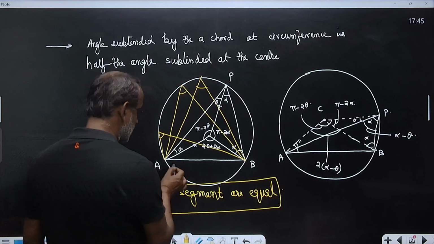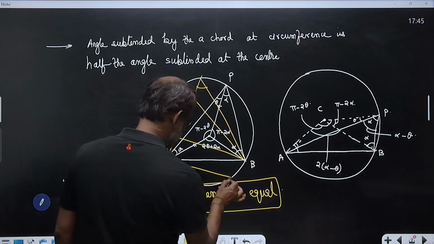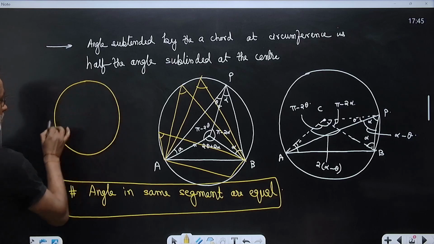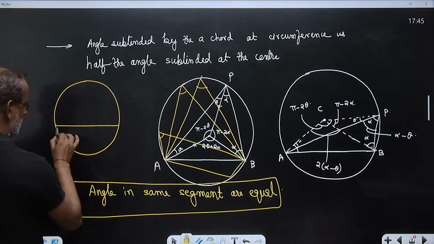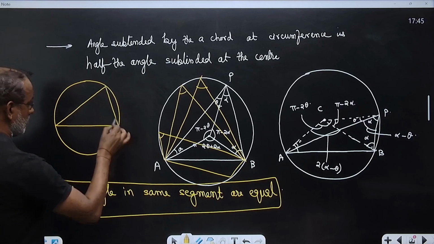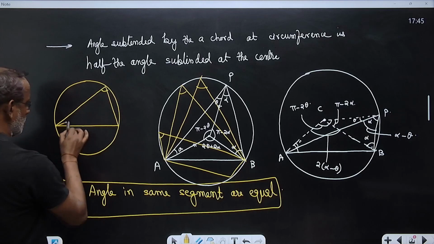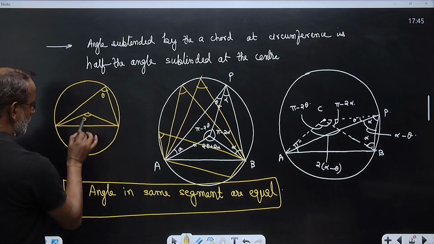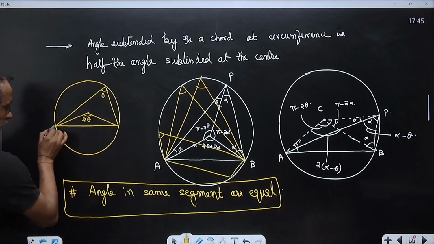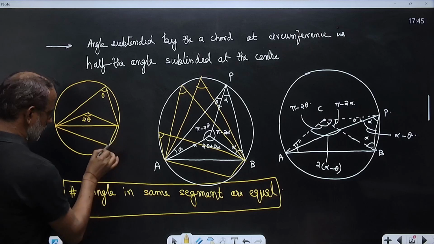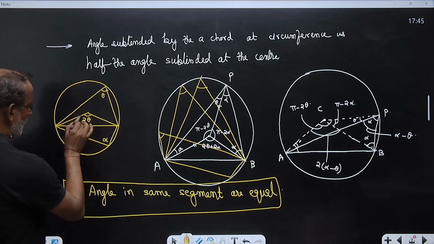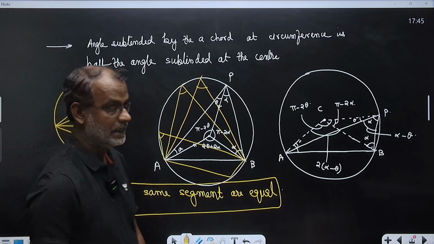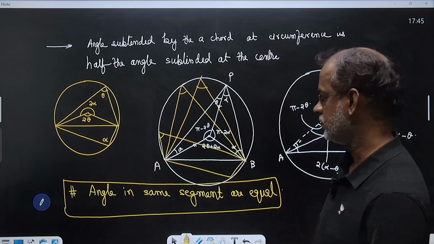Now you can here see that, sorry, it will be too clumsy. This is theta, this is 2 theta, and if this is alpha, this is 2 alpha. This I will leave to you as an exercise.